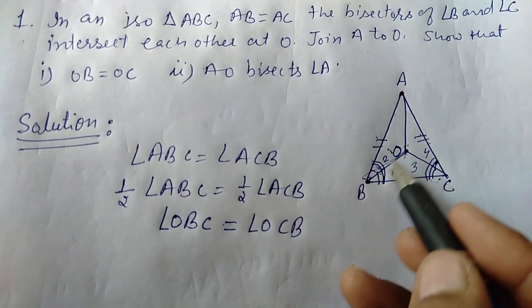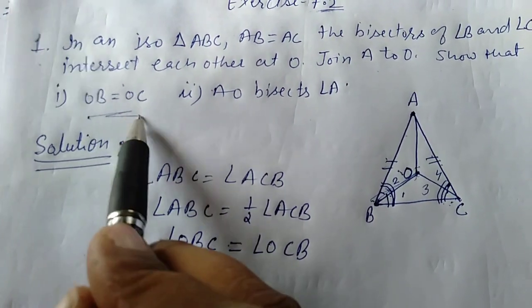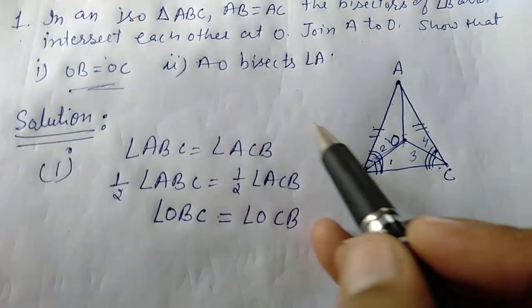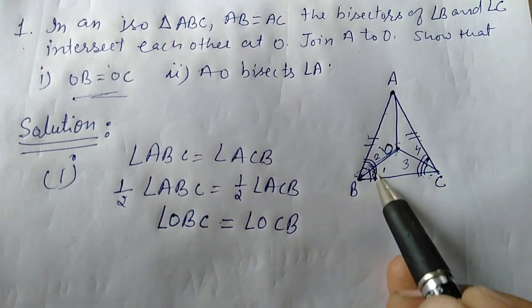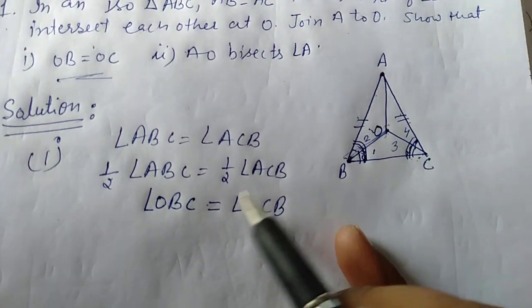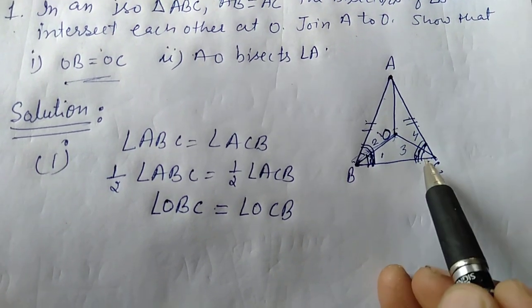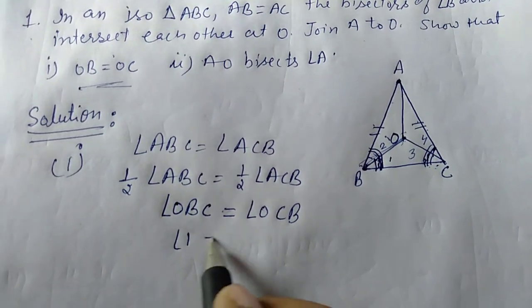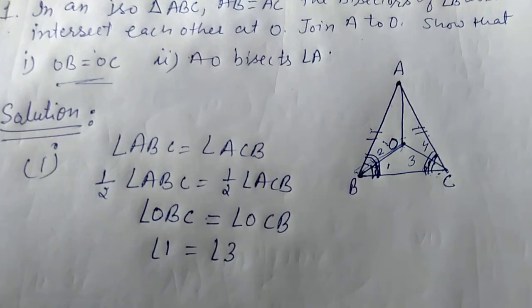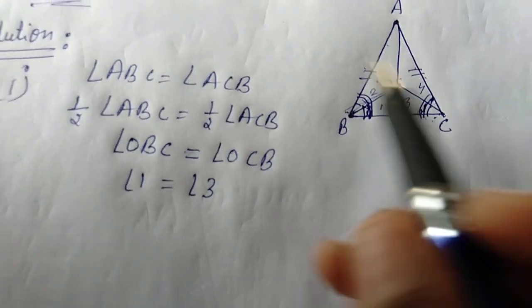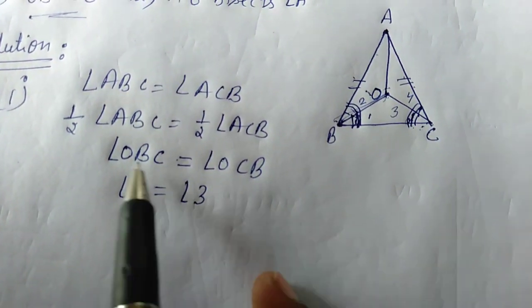Because we need to show that OB equal to OC, so I am taking this angle. So here we showed that this angle is equal to this angle, means angle 1 equal to angle 3 according to your figure, right?